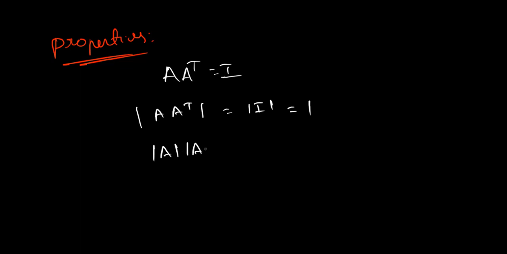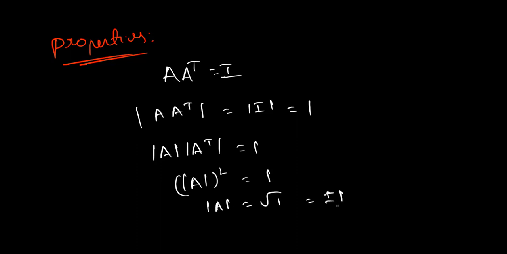A into A transpose is I, so the modulus of A into A transpose is the modulus of I, which is 1. So A modulus into A transpose modulus is 1, so A modulus whole square is 1. So the modulus of A is the square root of 1, which is plus or minus 1. So the determinant of an orthogonal matrix always has modulus 1. This is one of the properties that we need to remember.